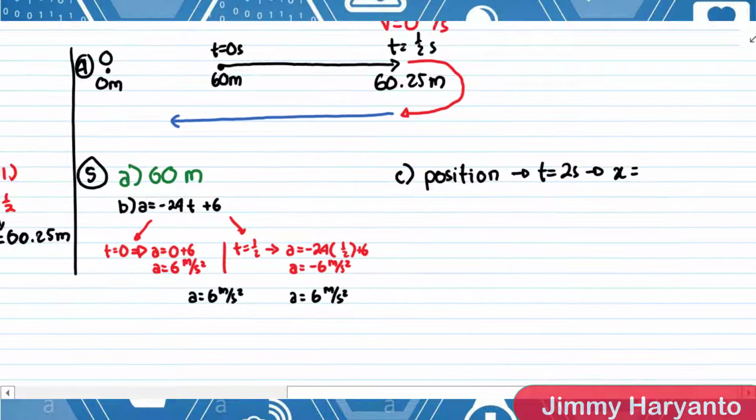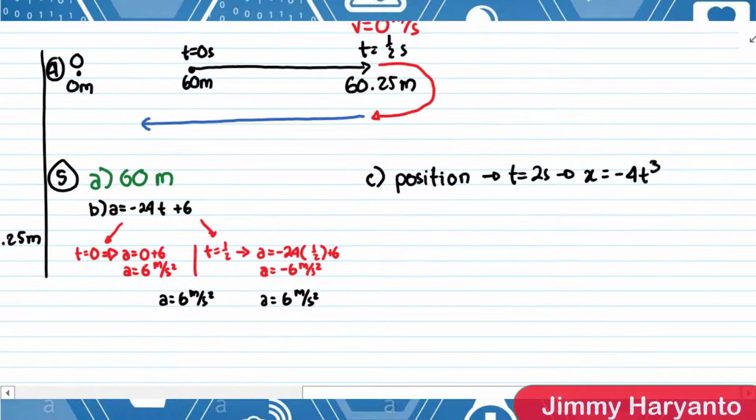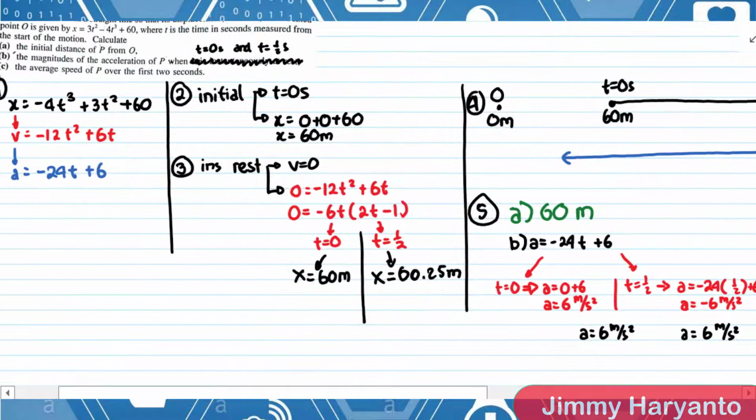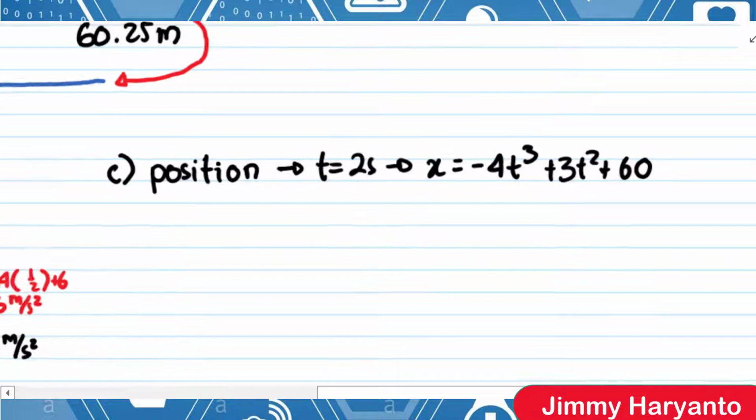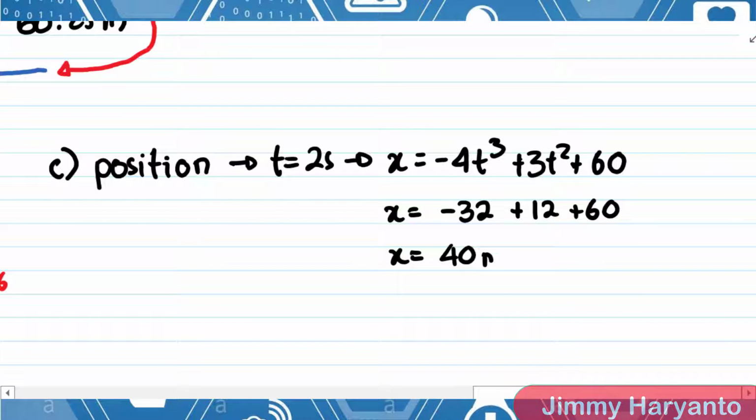The equation of x is negative 4t to the power of 3 plus 3t square plus 60. So the position when t equals 2 seconds will be 8 times 4, negative 32, and then 4 times 3, 12, plus 60, 72 minus 32, it's 40 meters.